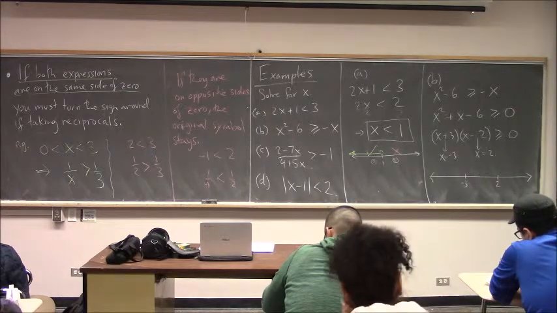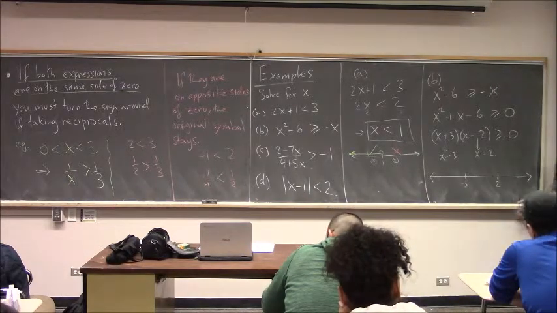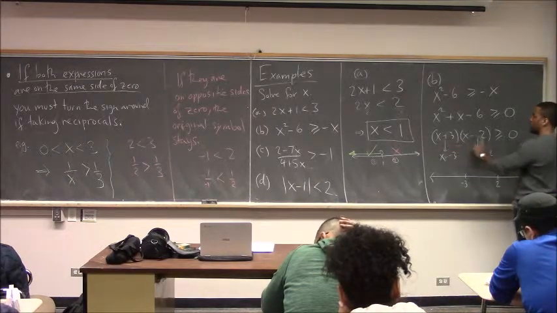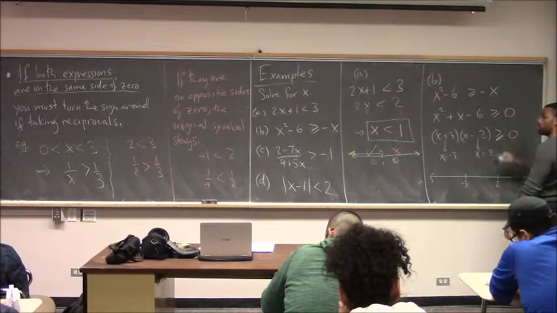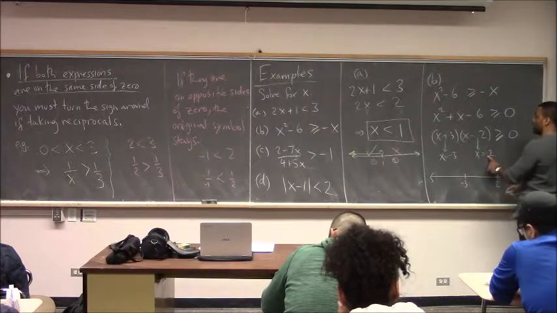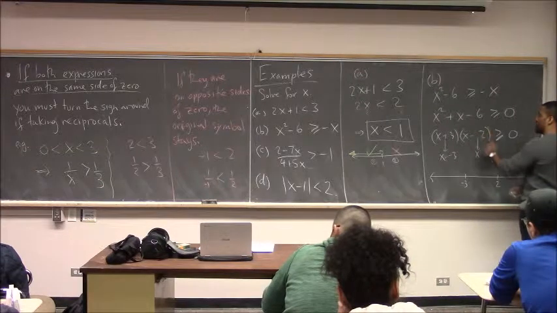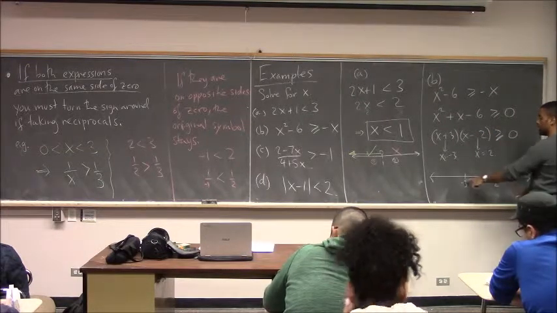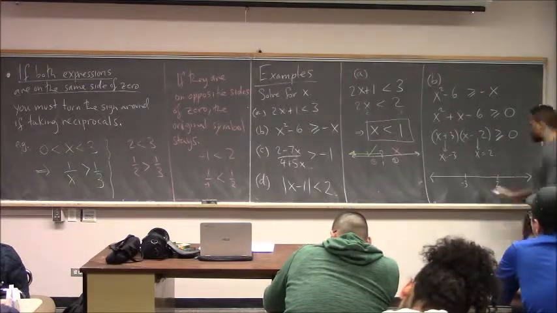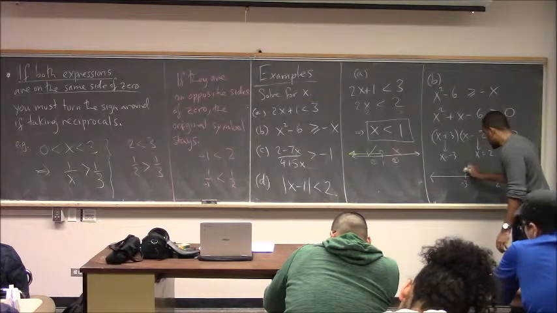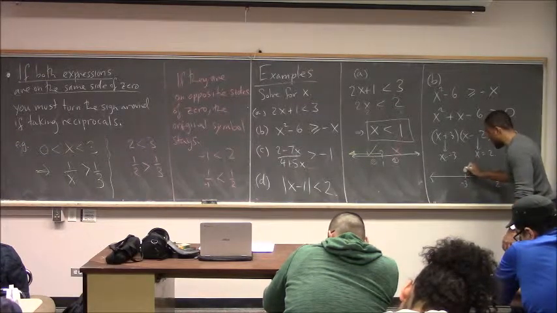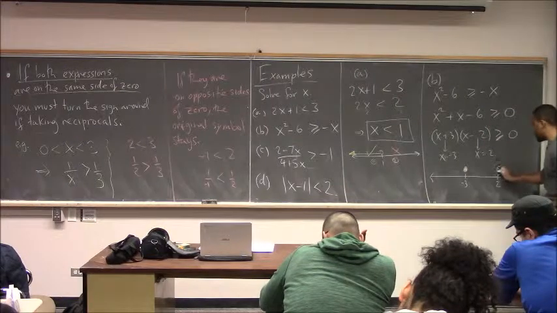And the answer would be yes, right? If my x is actually minus 3, this will be 0, and that would mean equal to 0. If my x is actually 2, that would make this part 0, and we would be equal to 0. So these values themselves are parts of the answer. So here, we can put a point and we can shade it in. Our x values can actually be equal to these guys.